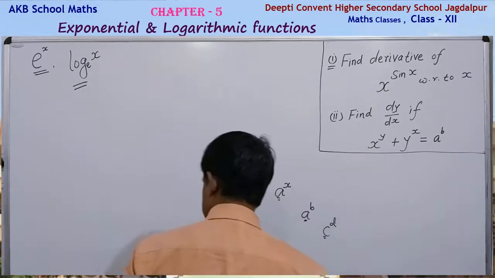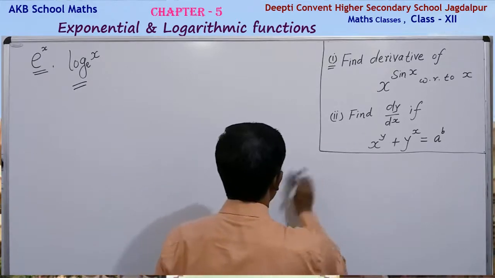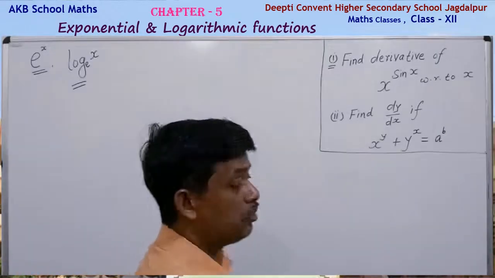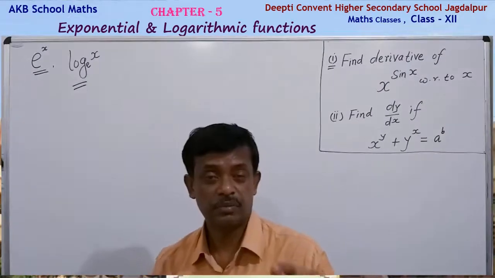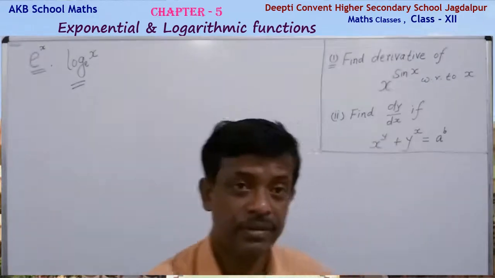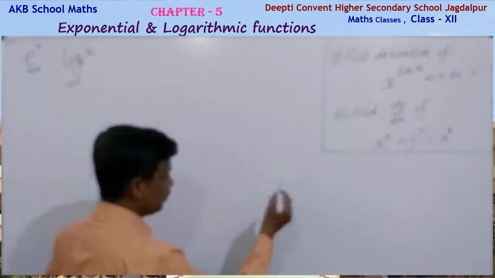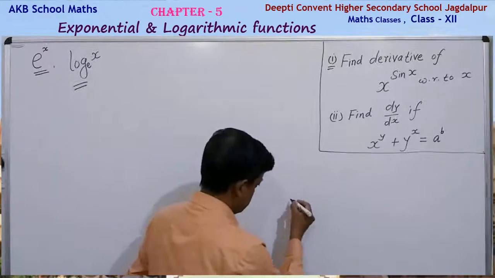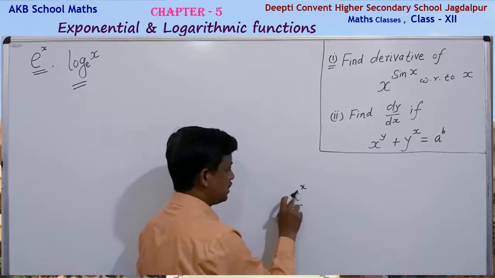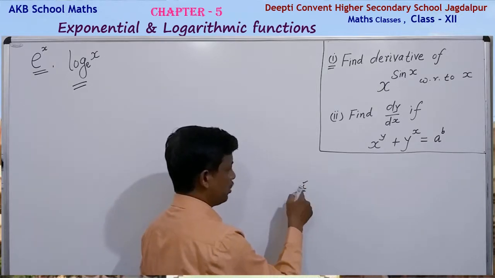Now, in short, I will discuss what an exponential function is and how we define the logarithmic value. Suppose a to the power x, this is an exponential function, with base a, and x is the exponent.